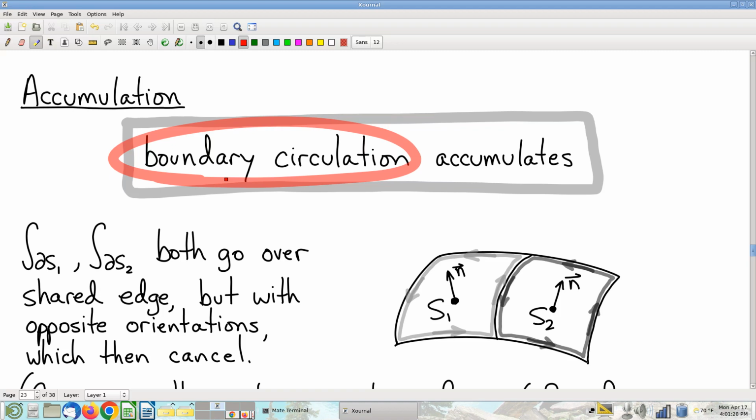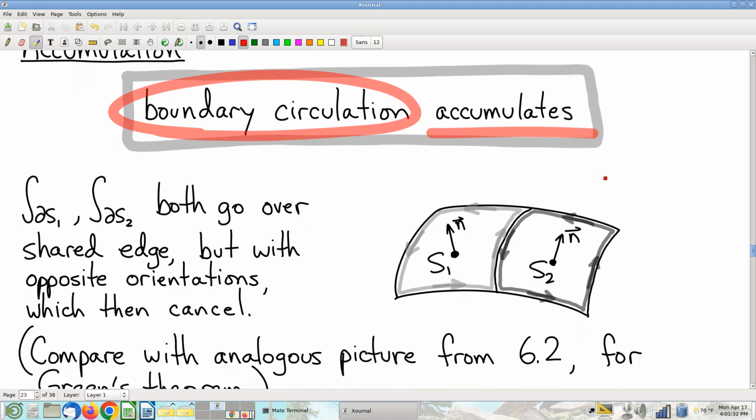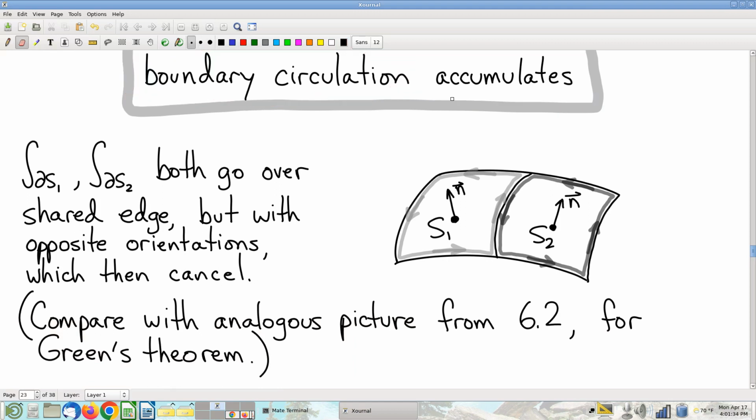Okay. So I claim that boundary circulation accumulates. Now, arguably, we've already made this argument. Right? I mean, we drew a picture along these lines when we were talking about Green's theorem. So I'm going to be quick to justify this because it's morally equivalent. It's a little different. It's 3-dimensional instead of 2-dimensional. But the thing that makes this work is really the same.